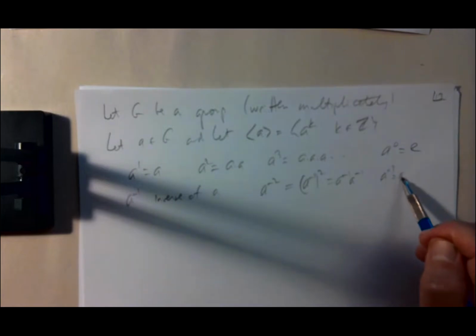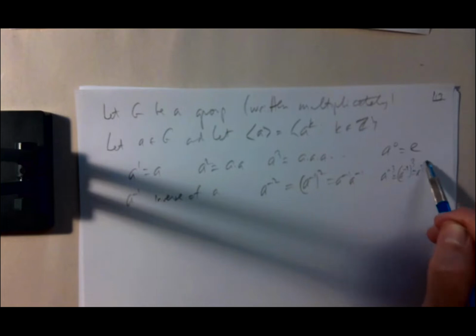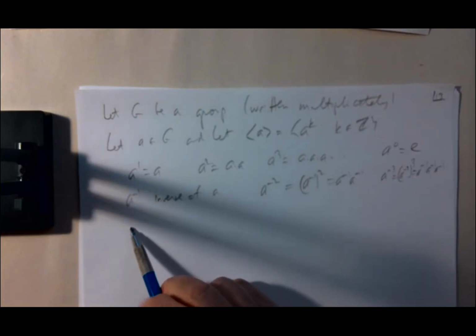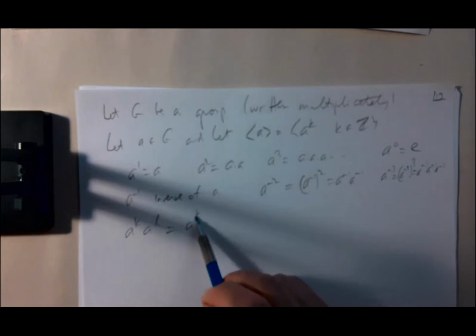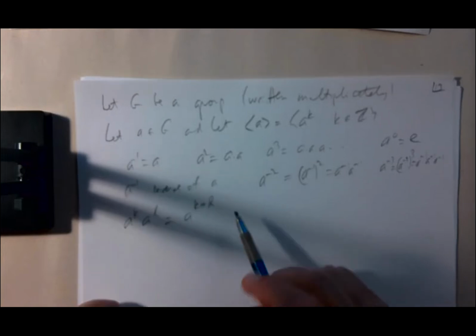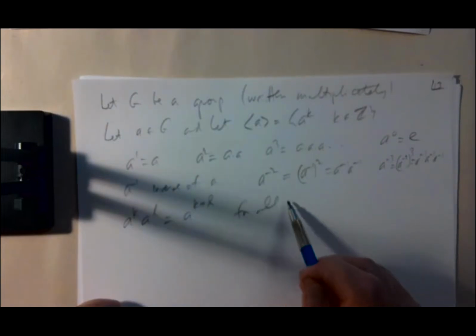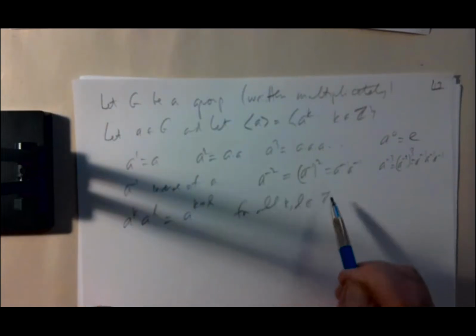A to the minus 3 is A inverse, A inverse, A inverse, and so forth. And we have the multiplication rule, A to the K times A to the L is A to the K plus L for all integers K and L.